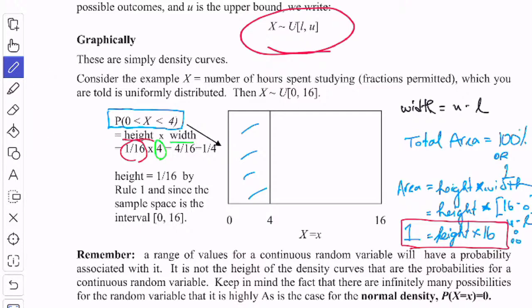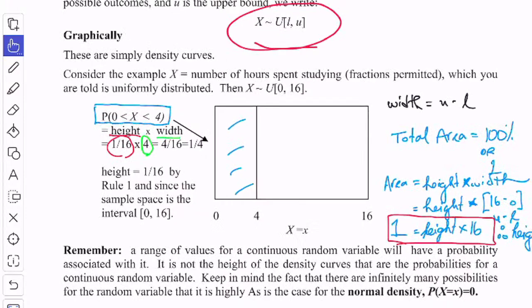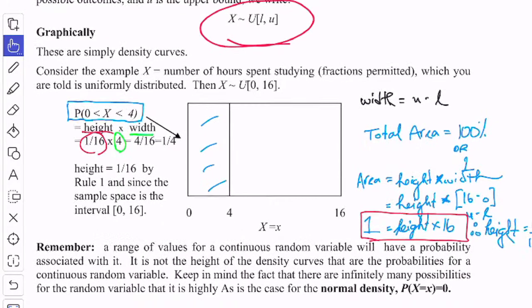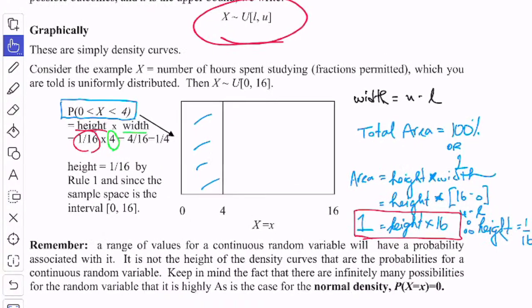This means therefore. I have to move this over. So the drawing is deceiving because it looks higher than 1/16, right? Oh, I gotta fit this on.